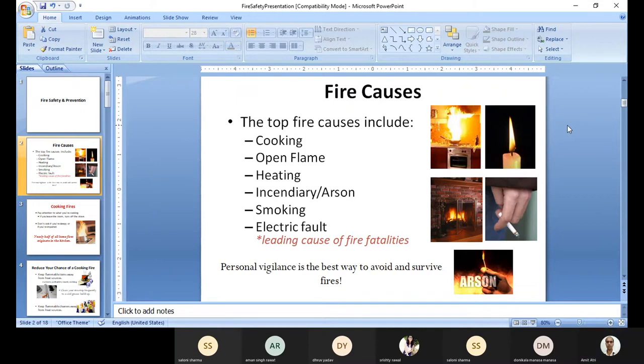Then incendiary or arson. This is a practical case, and this is out of the control of an architect, out of the control of a resident, or a worker in the commercial building. Some type of protest is going on and people are there on the street. A mob is there and they are putting the property on fire.